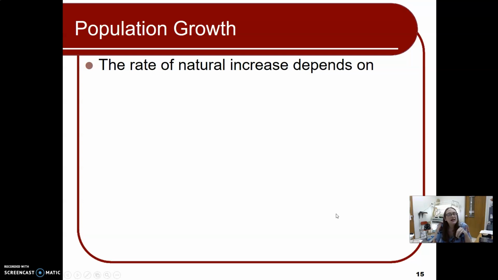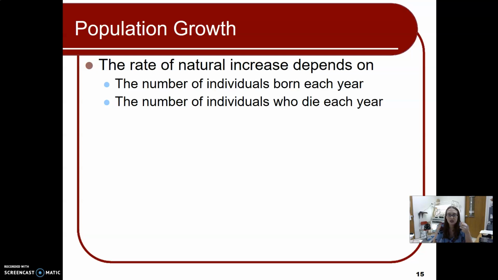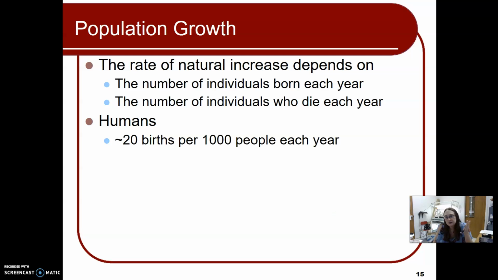So the rate of natural increase depends on two things: the number of individuals born and the number of individuals who die. So in humans, in this example, about 20 births per 1,000 people each year. About 8 deaths per 1,000 people each year.